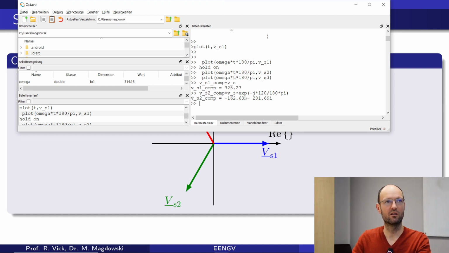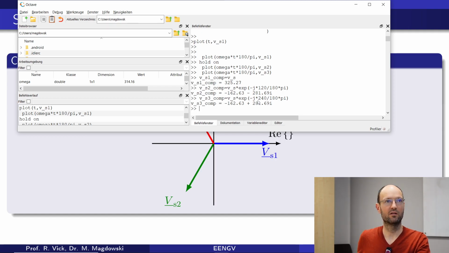And we can check, okay, the real part is negative, the imaginary part is also negative, and considerably larger. And if we do the same for the third voltage, then we need to have the minus 240 degree of phase shift. And as we can see, we get the very same real part and the same imaginary part, but just negative or positive or whatever you would say.